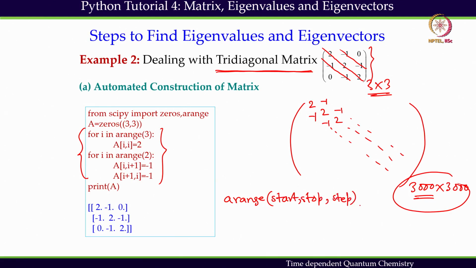So, if I give this as 1, then 4, then 1, it will create a list of elements like 1, then 2, then 3, and it will stop at 3, because the stop is not included in the sequence.